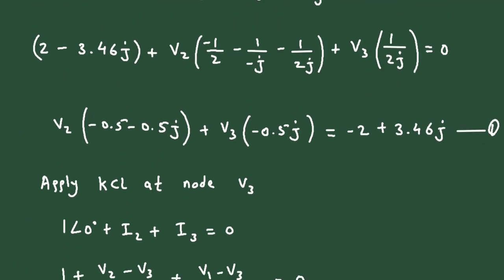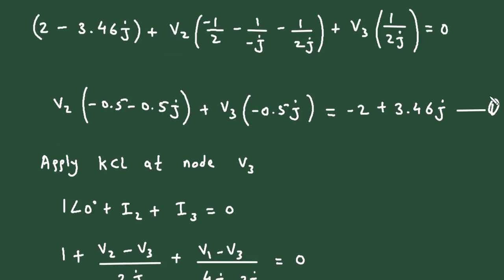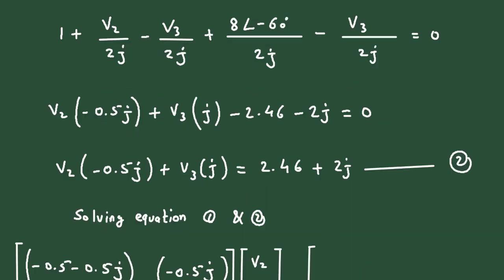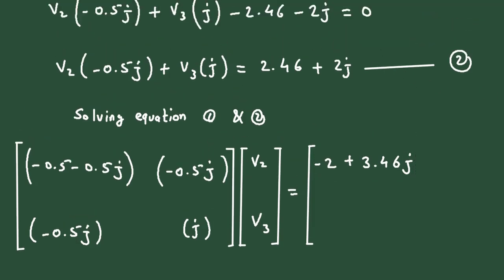Here this will be V2 and V3. These are the two unknown, V2 and V3 is equal to, now it is equal to from equation number 1, from equation number 2 it will be this value.